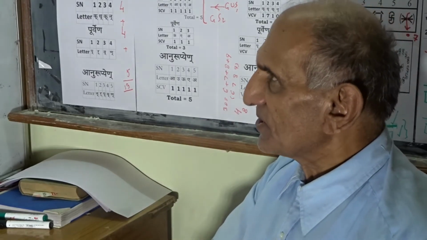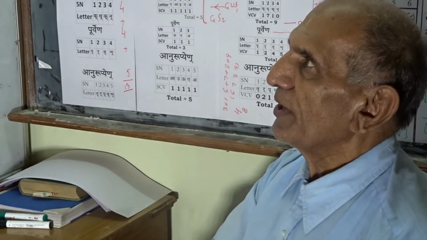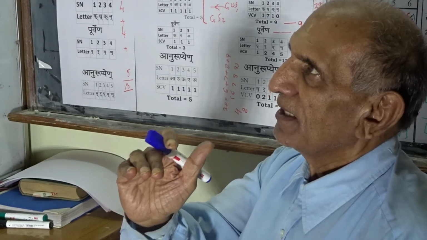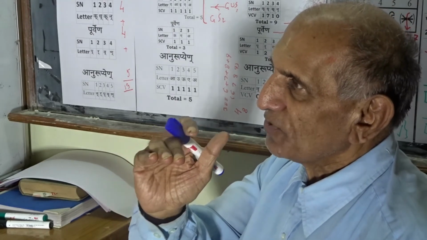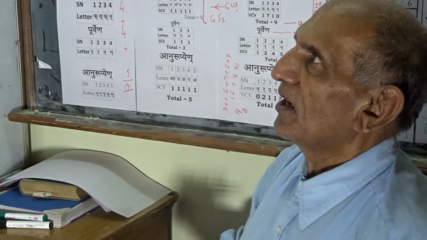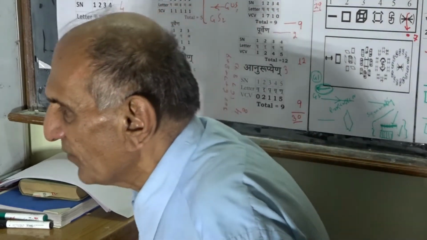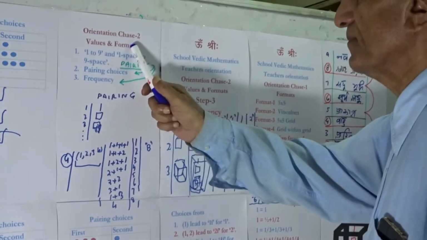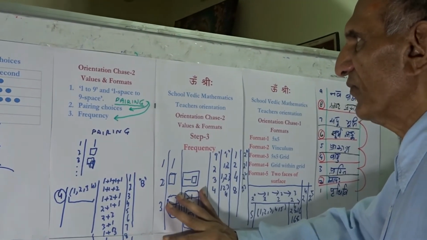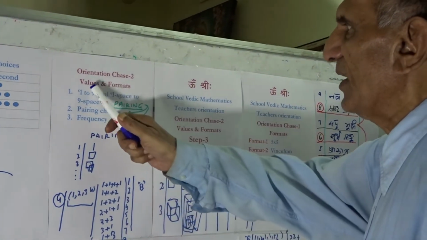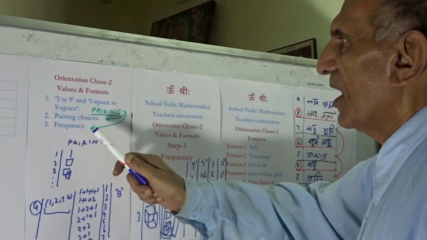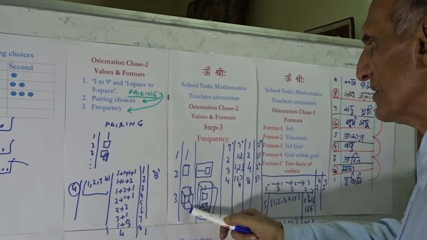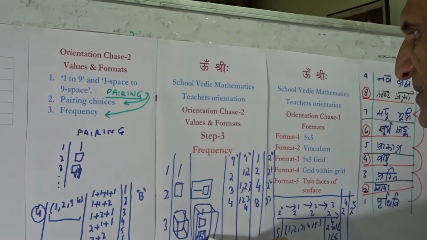This way is going to be a conceptual reach. This conceptual reach is the mathematics of pairing of values and formats, of pairing the values with the geometric bodies of the dimensional spaces.